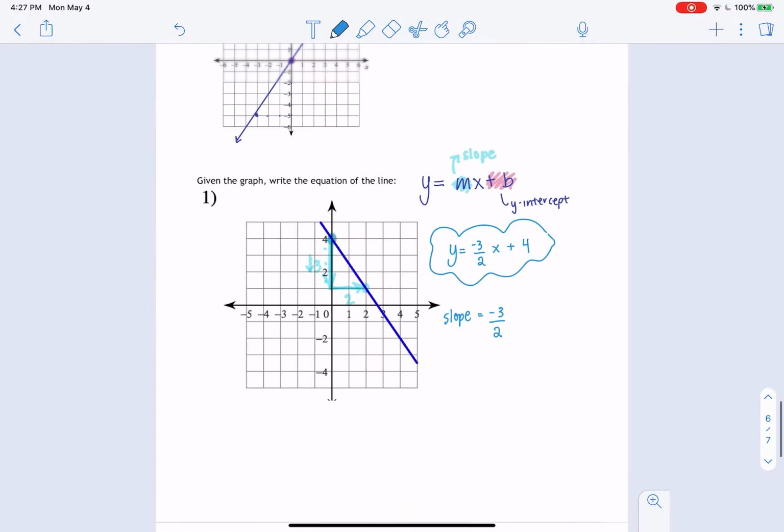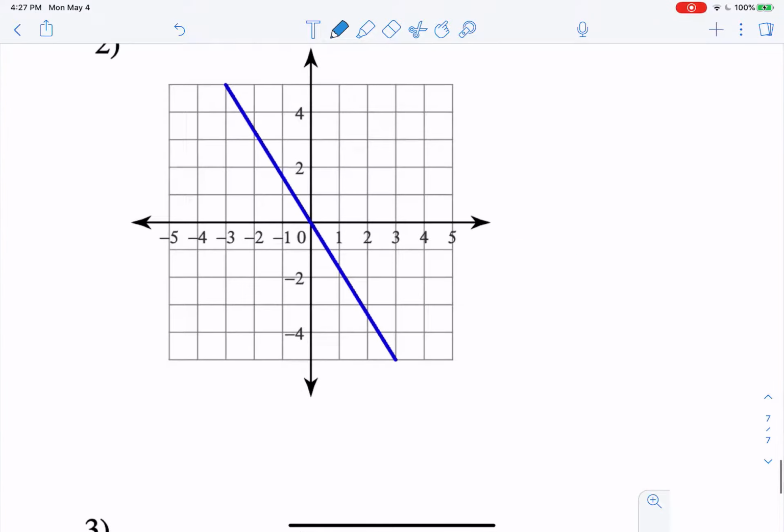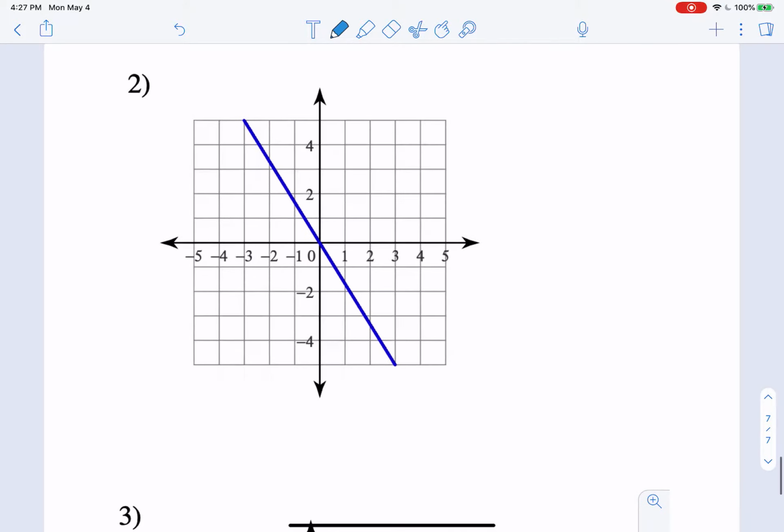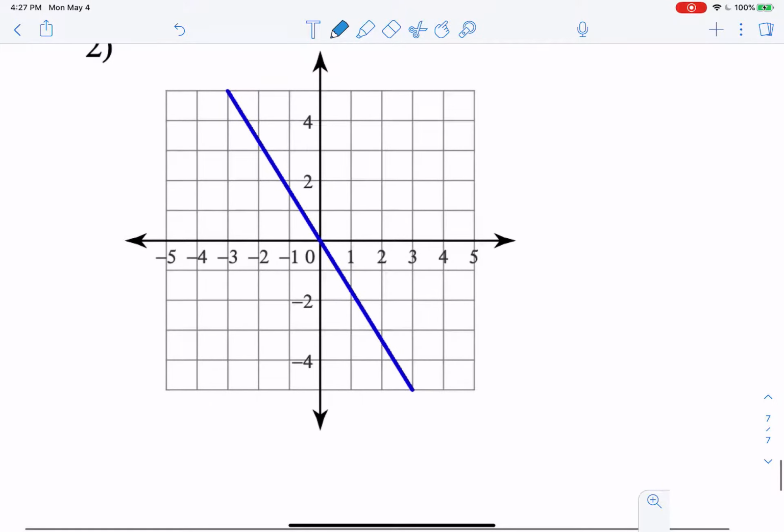Let's try it again. Okay, so remember, we want to be in the form y equals mx plus b. Let's look for our y-intercept. Where does it cross the y-axis? Here at 0, so that means that our y-intercept is going to be 0. So now we need our slope.